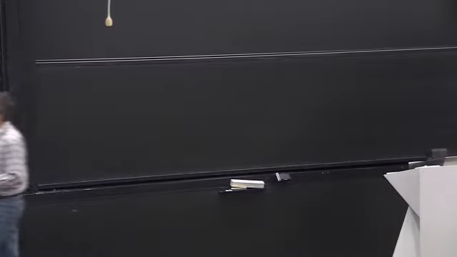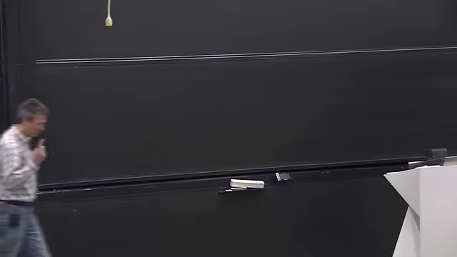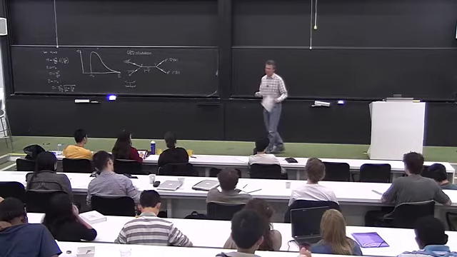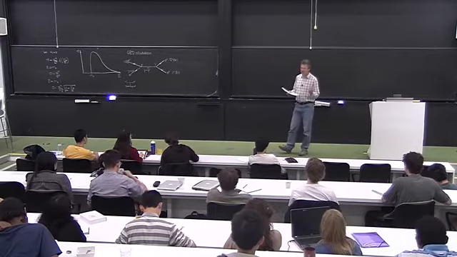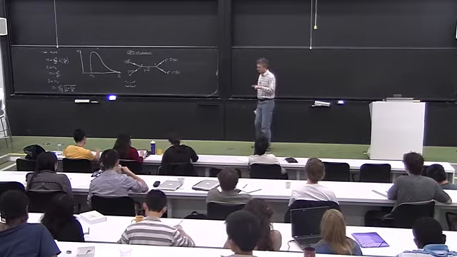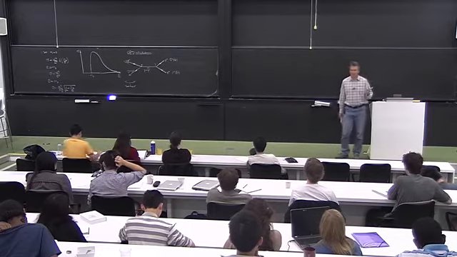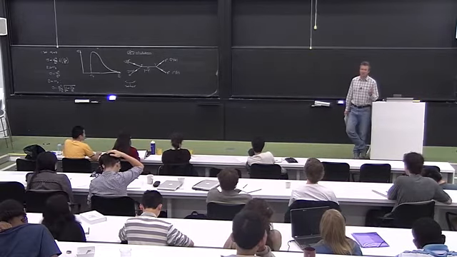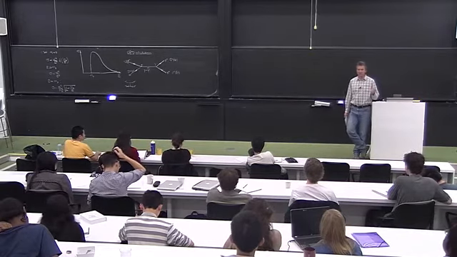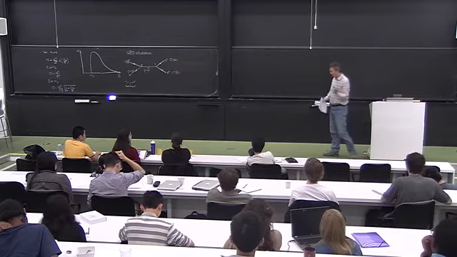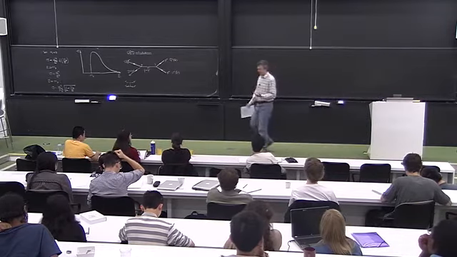Because each of the external particles has a spin. Electrons can have spin up, spin down. The positron has spin up and spin down. And the same for the muon. So we computed 2 to the 4, 16 different amplitudes of various spin states involved in the reaction.